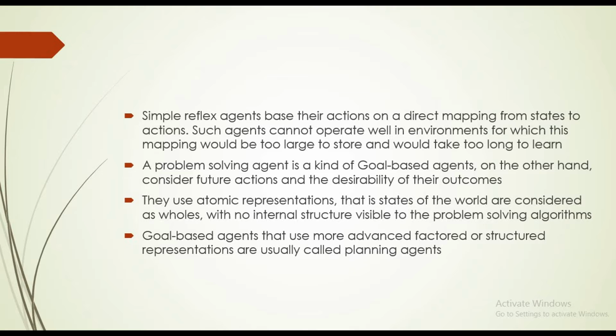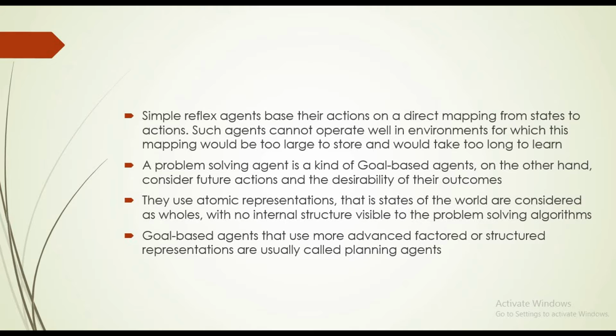To achieve this, there should be a way of representing those particular states and the actions that can be taken on the states. So they use atomic representation, that is, the states of the world are considered as wholes with no internal structure visible to the problem-solving algorithm. So we just consider a state as a particular whole without the internals.